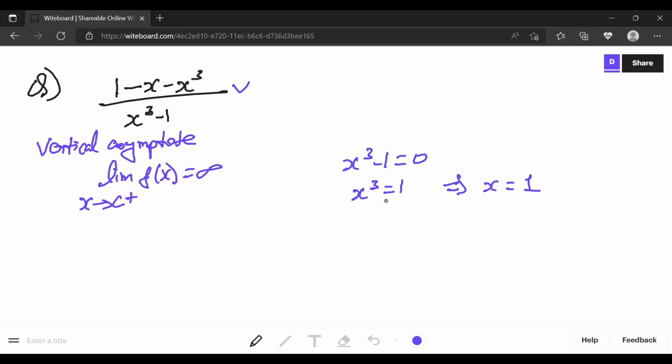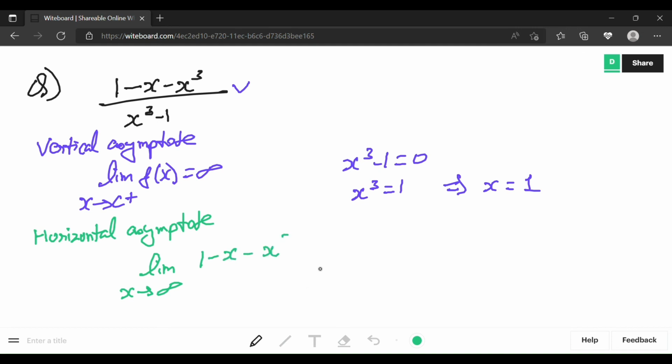Now for the horizontal asymptote, we know that x tends to infinity. So this is 1 minus x cube upon x cube minus 1.